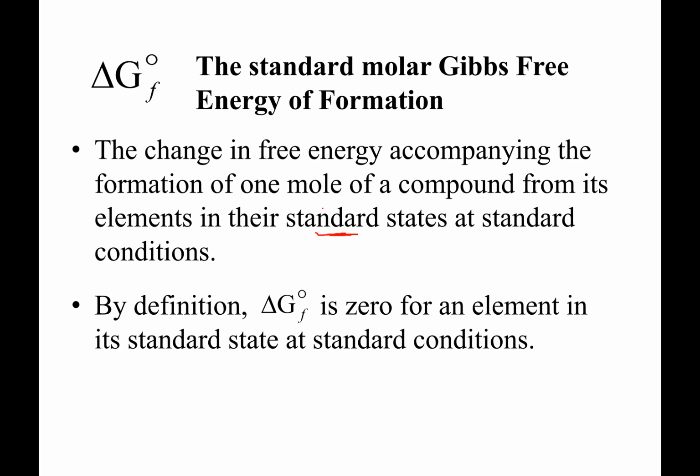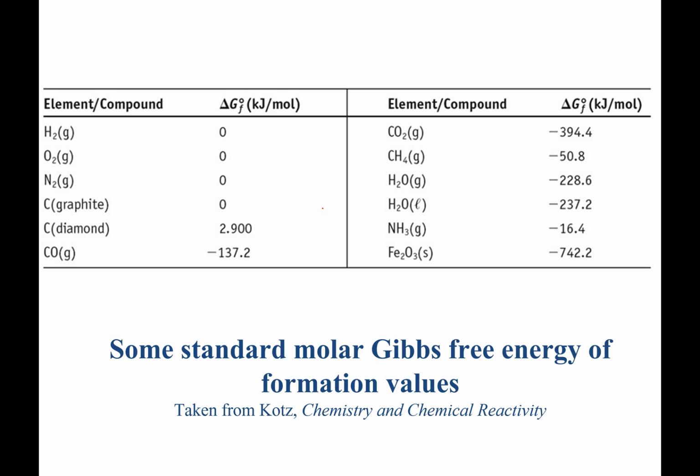I don't think we will be using the whole absolute zero, like what do we say, the entropy of a substance in its pure crystalline state at absolute zero is 0. But we will be using this one. What this one says is that the standard Gibbs free energy of formation, standard means it's at 25 degrees Celsius, for an element in its standard state at standard conditions is 0. Okay, so we will be using that one.